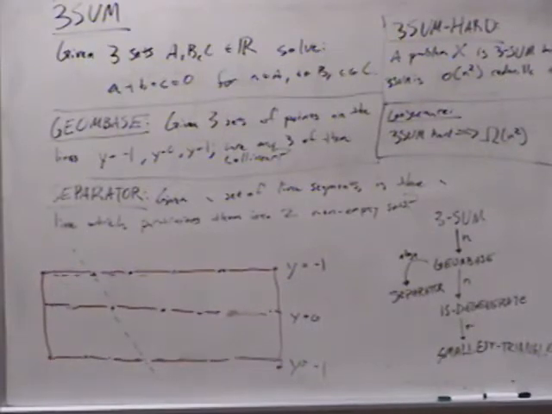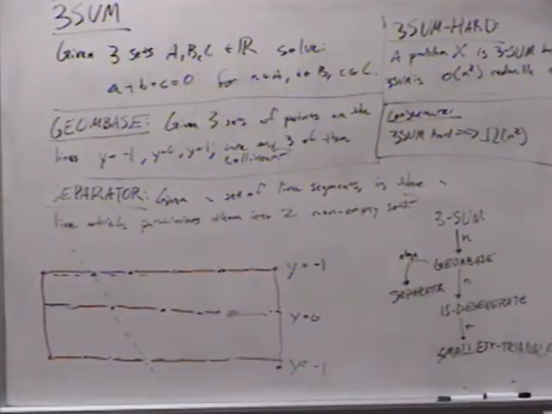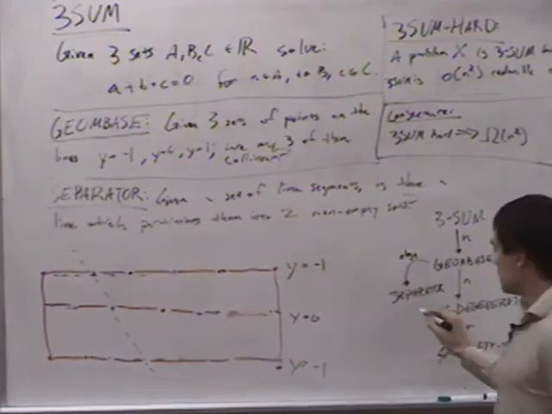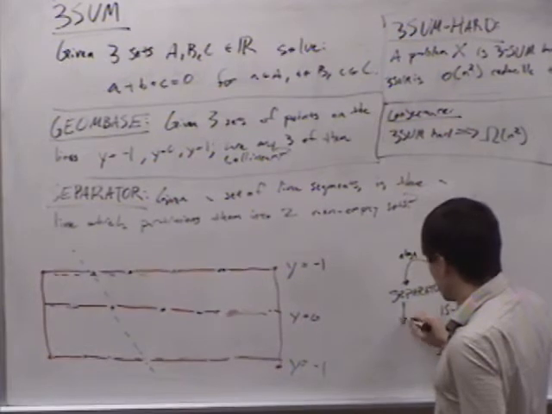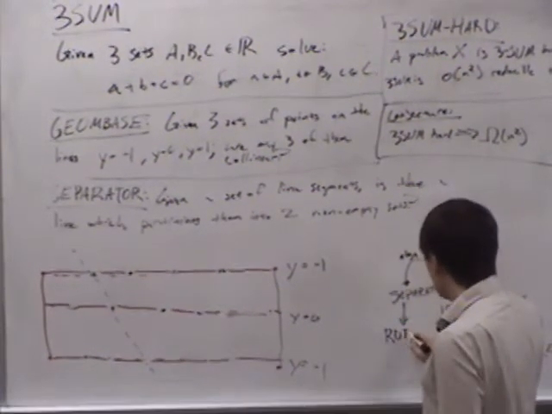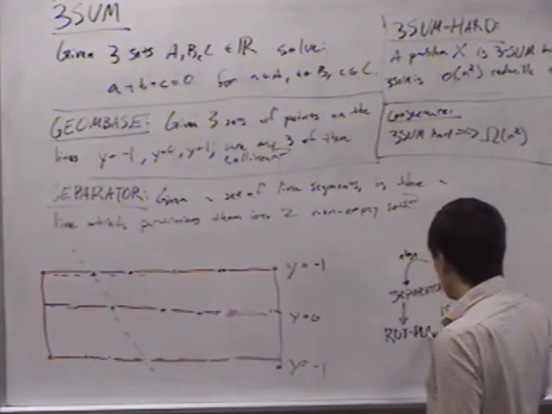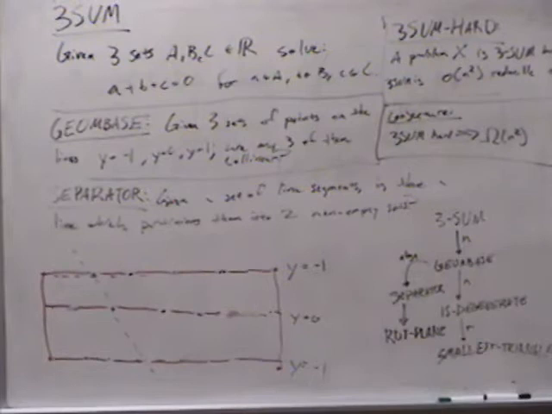OK. So now we come to our first motion planning problem that is three-sum hard. We're going to call this rotational motion planning, rot plan. So this is planar rotational motion planning.